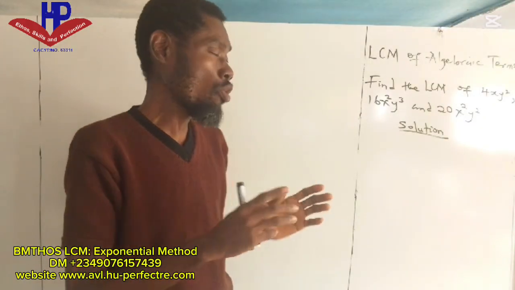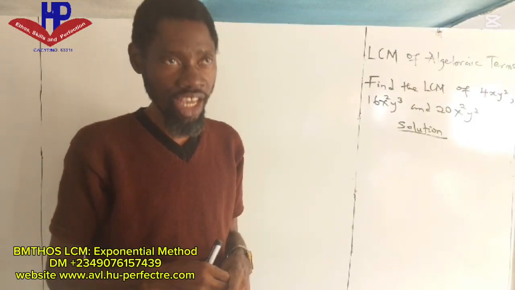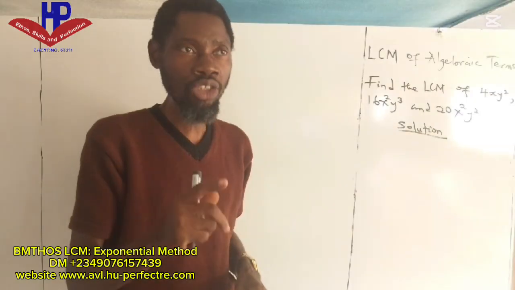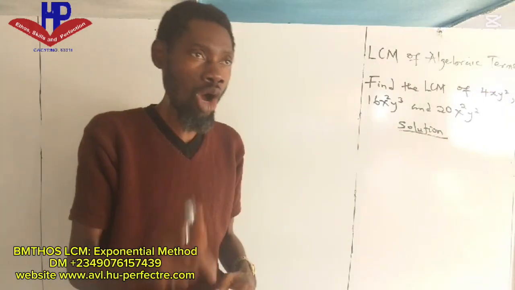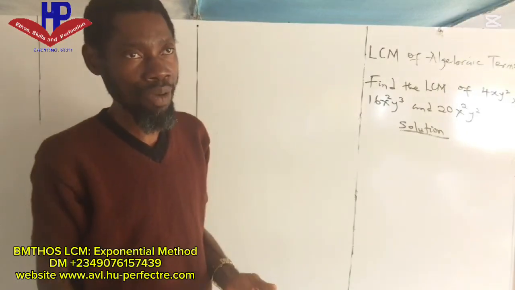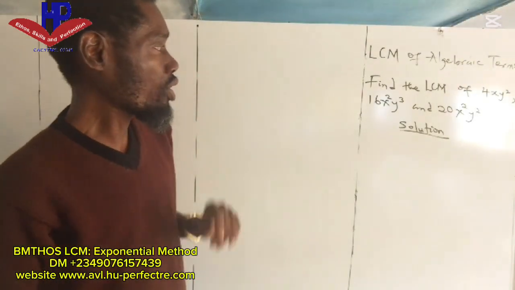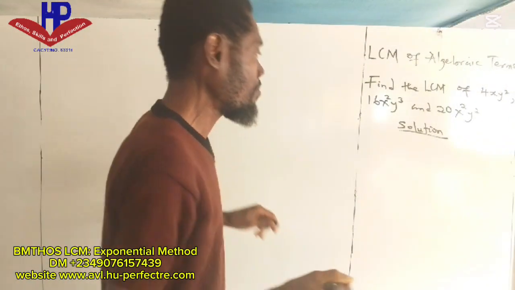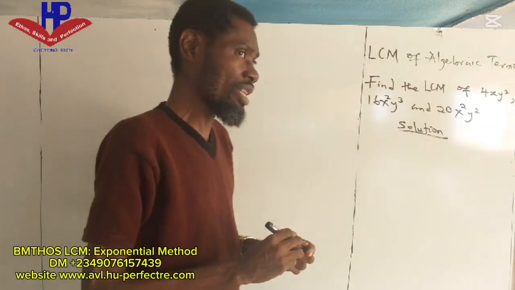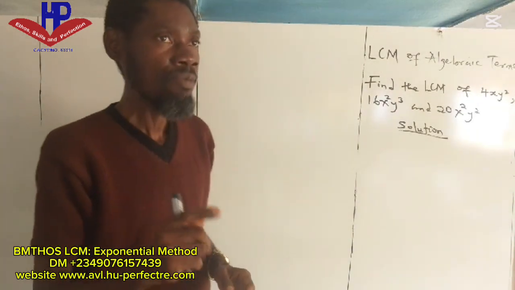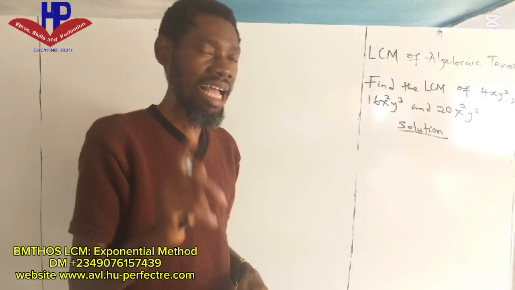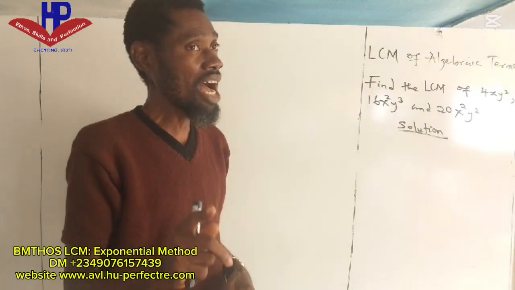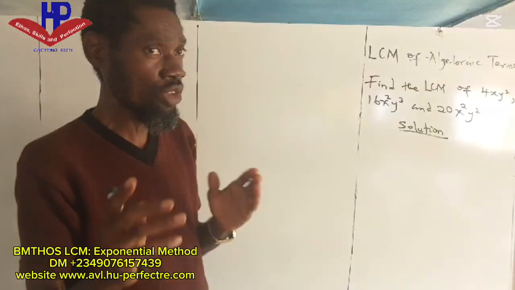But for LCM, we are not going to stop because each of the numbers will need to divide itself, until we arrive at 1, 1, 1 at the base. So take note of that. For the exponential method, we'll be picking the factors that have the highest power or the highest index to get our LCM. So take note of these things.